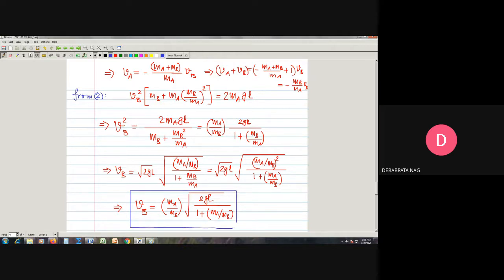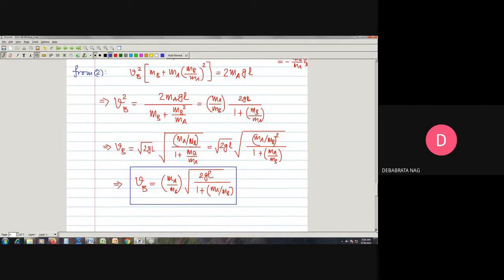Now in many instances, we find that the carriage from where the pendulum was suspended sometimes becomes very heavy in comparison to the mass of the pendulum bob. So it means that your MA by MB ratio is going to be almost 0 if your MB is very large.